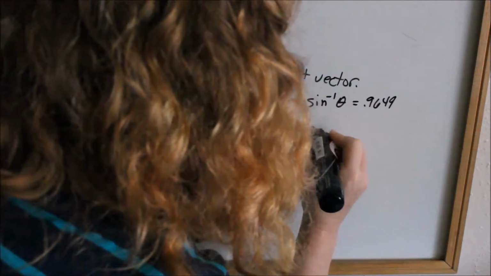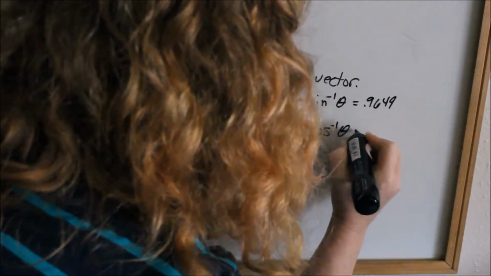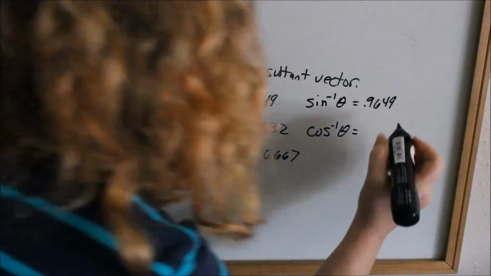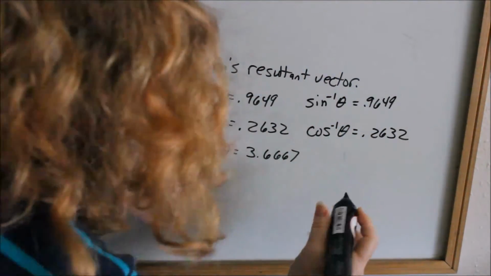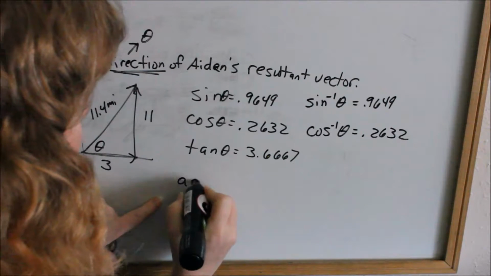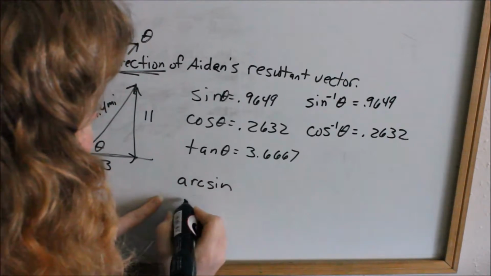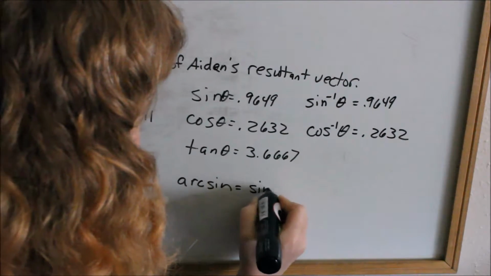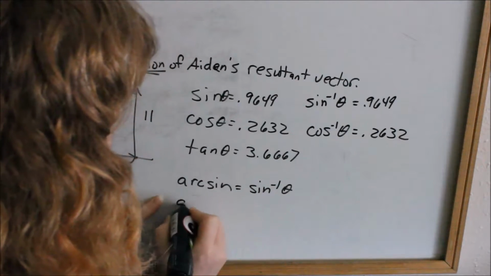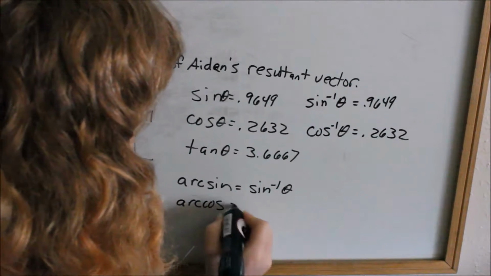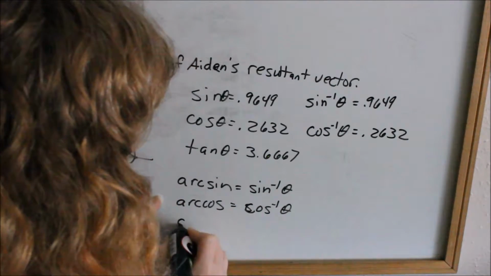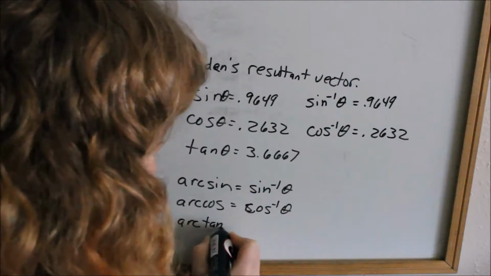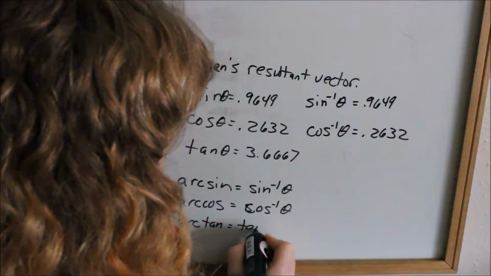Same thing here. If you're taking the inverse of cosine, you'll see it with a -1 there. It's also called the arc sine, that's the same thing as this. Or the arc cosine, that's the same thing as that. Or the arc tangent. That's just 2 different ways to write it.